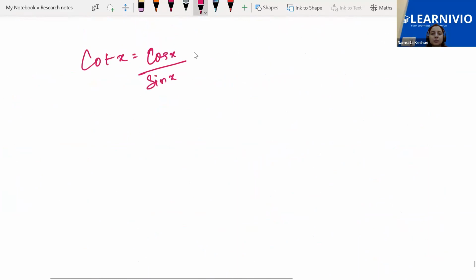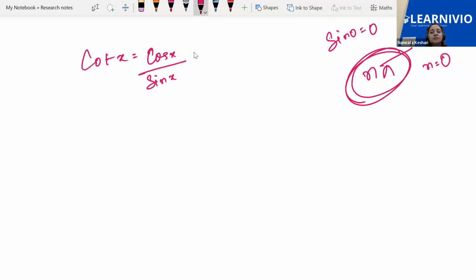Multiples of pi: 1 pi, 2 pi, 3 pi, 4 pi, and so on, and minus 1 pi, minus 2 pi, minus 3 pi, minus 4 pi, integral multiples of pi. Getting it? n is any integer, because sine 0 is also 0. So if you take n as any integer, including 0, then sine 0 is also 0. So sine is 0 at integral multiples of pi. Is it making sense to you?